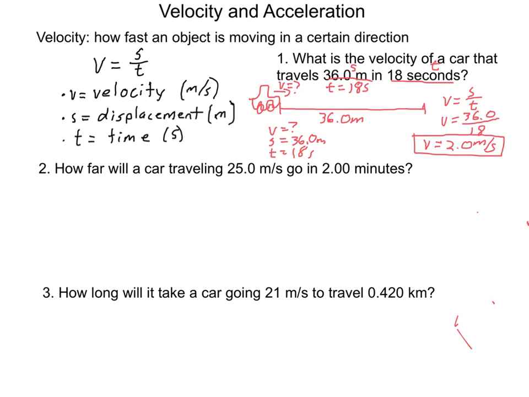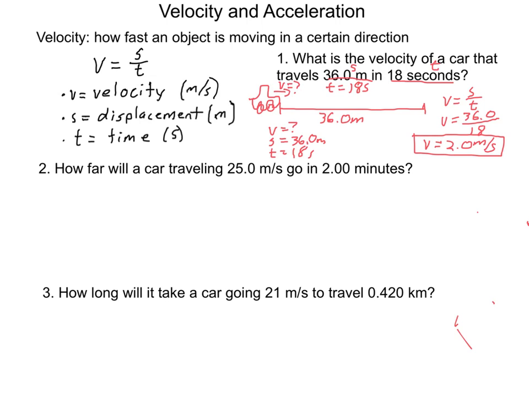Now, this might seem a little bit of an overkill on such a simple problem, but I need you to get in the habit of actually going through this process, because whenever the problems become a lot longer, a lot hairier, a lot bigger, take a lot more time, there's different equations to use, you have to pick them, there might be multiple parts. You need to have these sort of habits. Picture to visualize, to think about the physics, and a variable bank. Then you can pick an equation, substitute it in, and solve. It will make hard problems very, very easy.